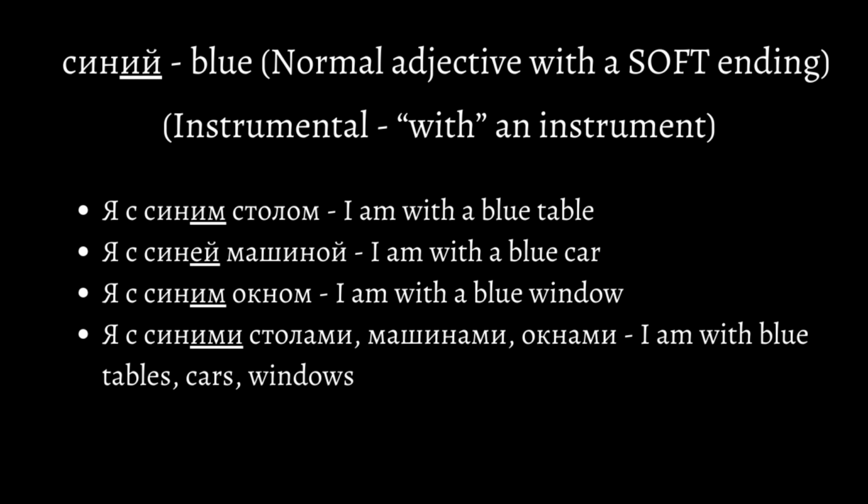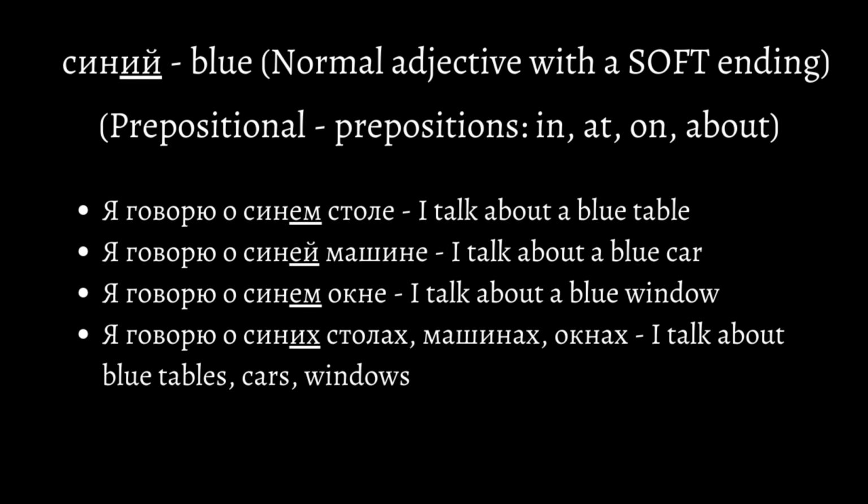Here we have синий in the instrumental. Я с синим столом, я с синей машиной, я с синим окном, and я с синими столами, машинами, окнами. The endings perfectly match the adjectives and nouns because they're all in the instrumental. Finally, we have синий in the prepositional.